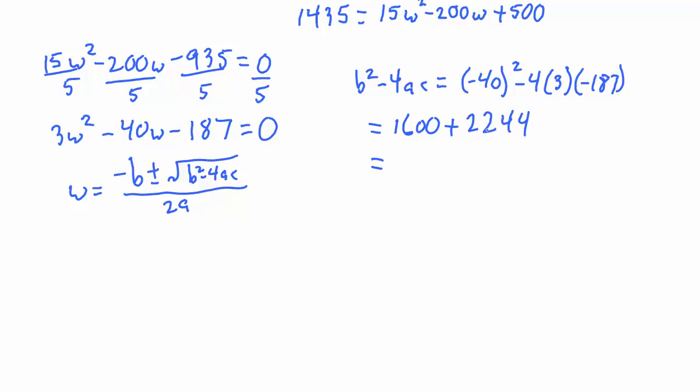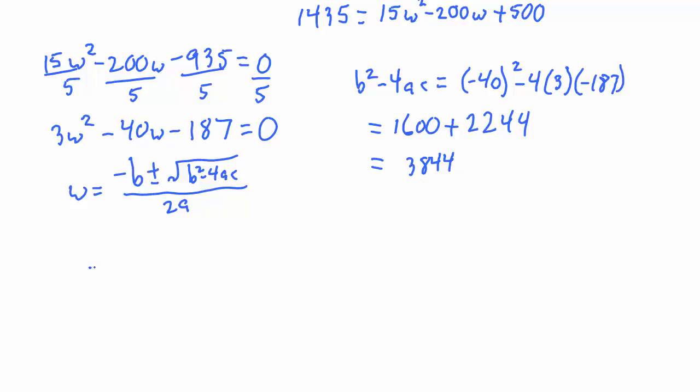So 1600 plus 2,244, well, I have the 44 at the end. 2 plus 6 is 8. 2 plus 1 is 3. So I have 3844. 3844 actually is a perfect square. If you type in the square root of 3844 on your calculator, you will get 62.